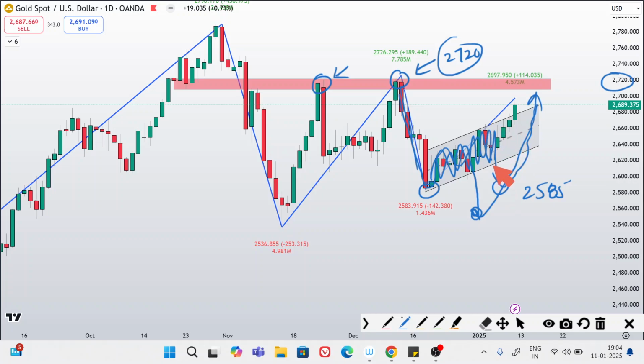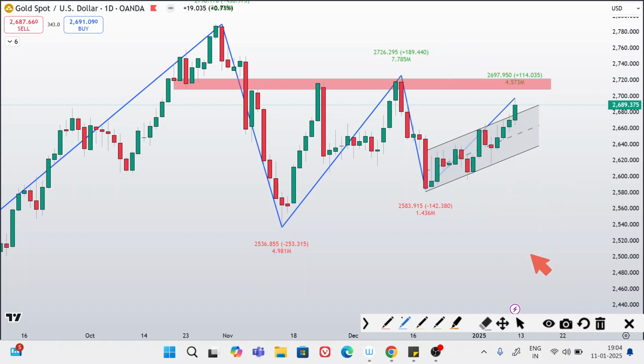But on this day, gold price again retested this level on the lower side, and after that we have seen a continuous bullish rally. You can see these green candles, and price finally seems to be breaking out. This parallel channel was a bear flag. Now I think it is going to be invalidated because the price closed above this channel, and it is clearly showing a positive sign.